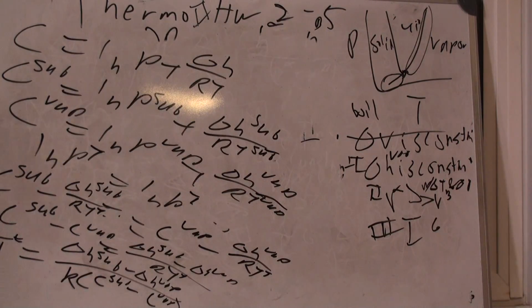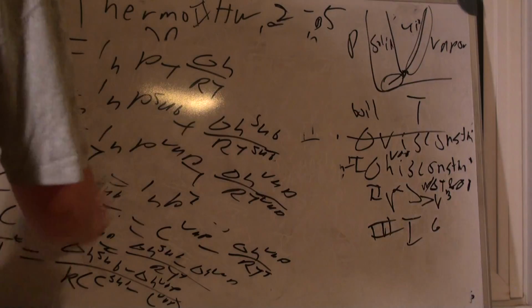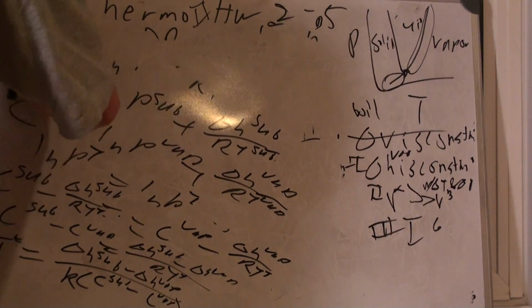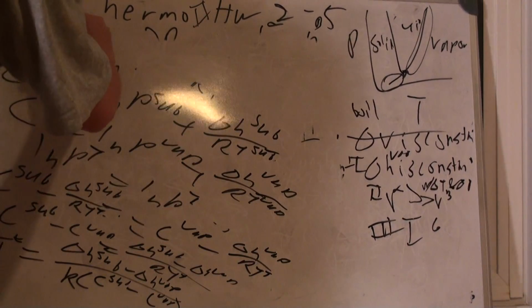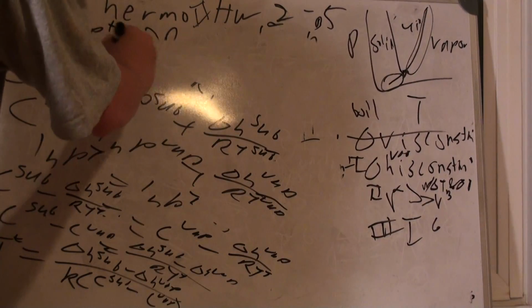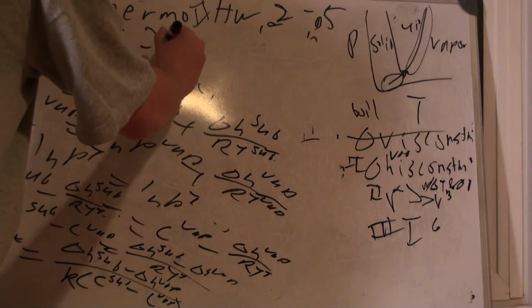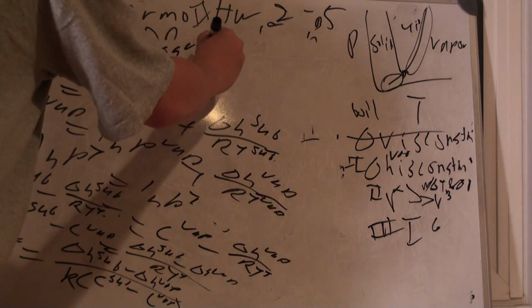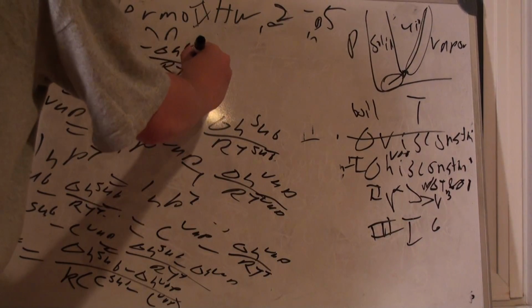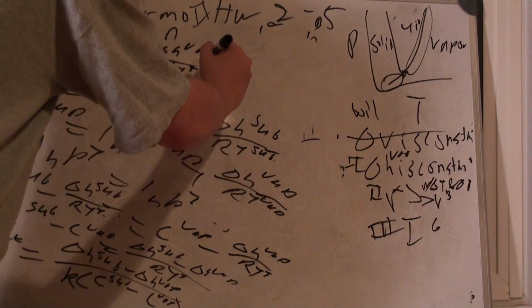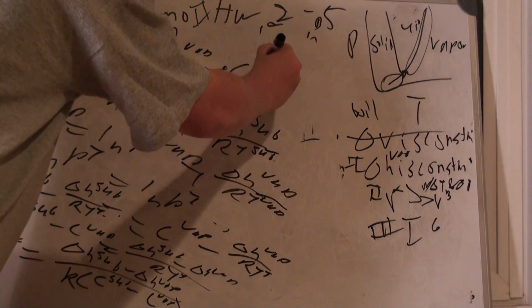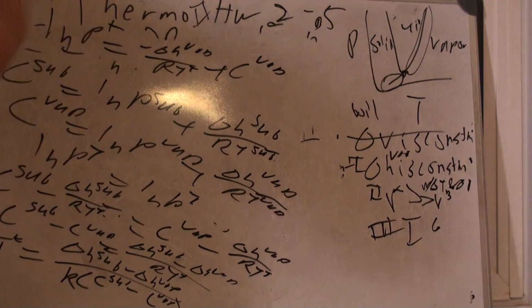Well, where do I get the pressure? I just plug it back into this equation. So, the natural log of P triple is equal to minus delta H of vaporization over R T triple, which I've already solved for, plus C vaporization, which I've solved for.